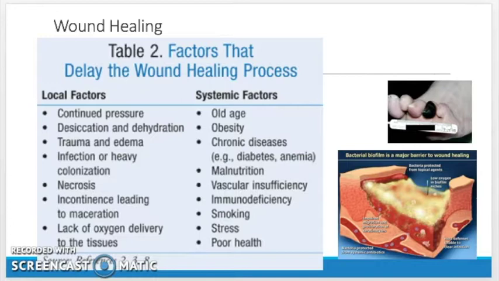Systemic factors are also listed here: old age, obesity, chronic diseases. Malnutrition decreases wound healing because we need proteins, carbohydrates, fats, and vitamins for wound healing to occur, particularly vitamin A and C for the epithelialization and collagen synthesis, and zinc for cell proliferation.